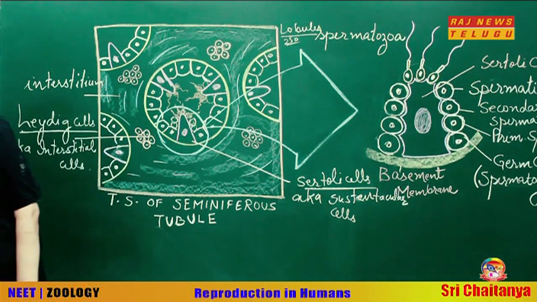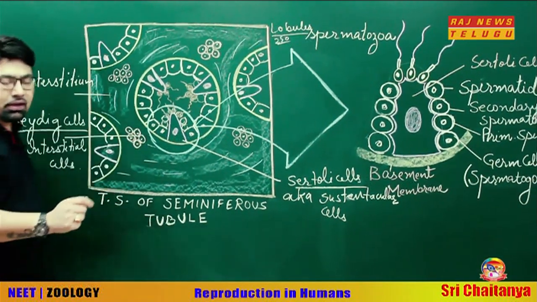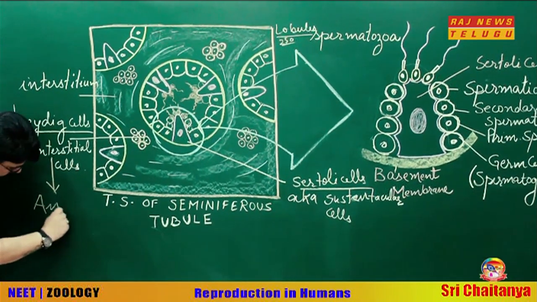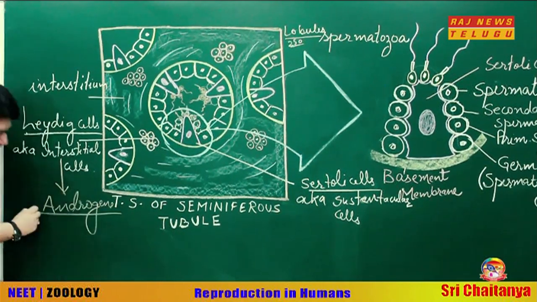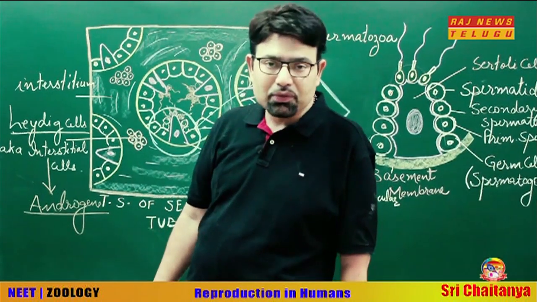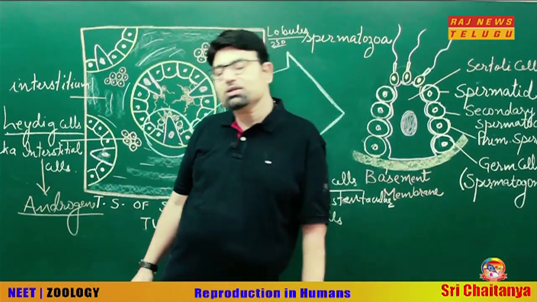My dear student, don't forget what these cells produce. These cells produce the androgens. What are androgens? These are the male sex hormones. And the main androgen we have in humans is testosterone.